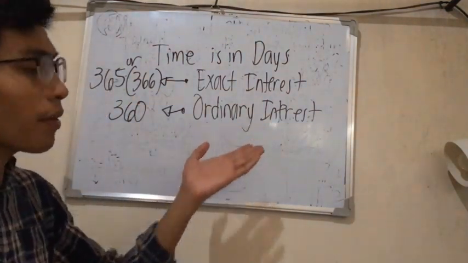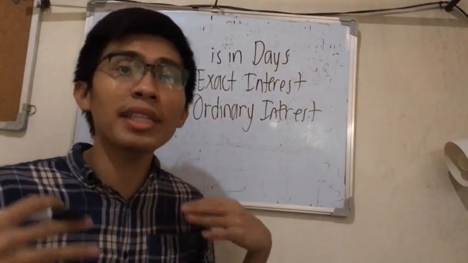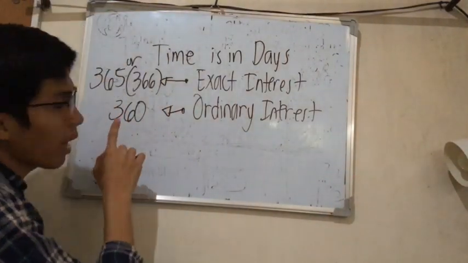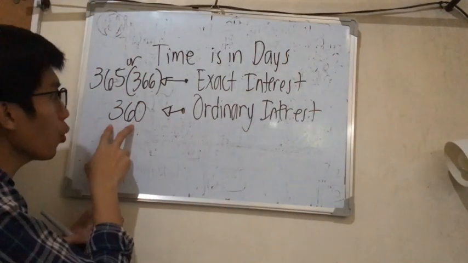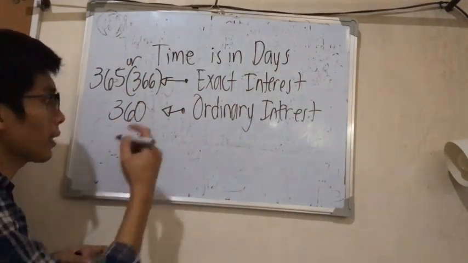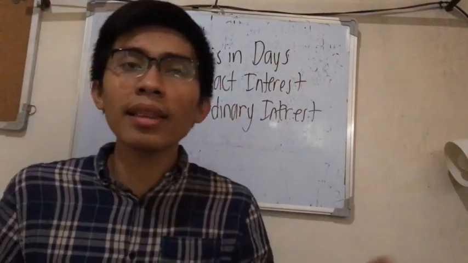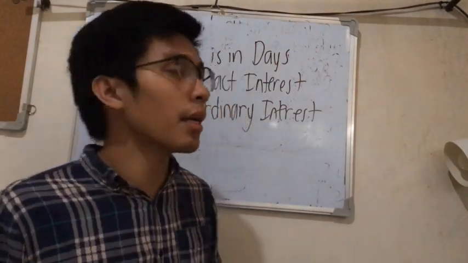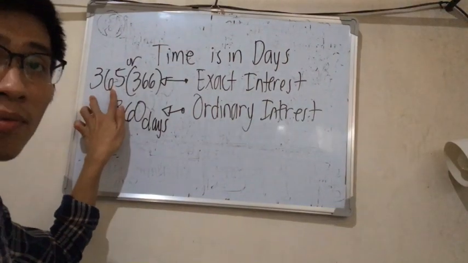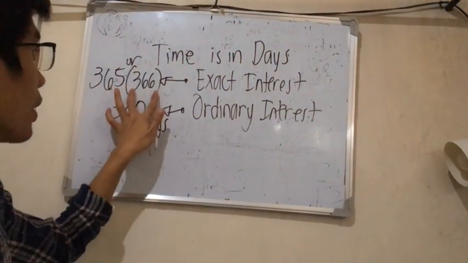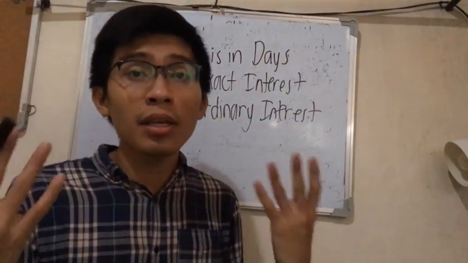Ordinary interest assumes that there are only 30 days in 1 month. That is why the total is 360 days.